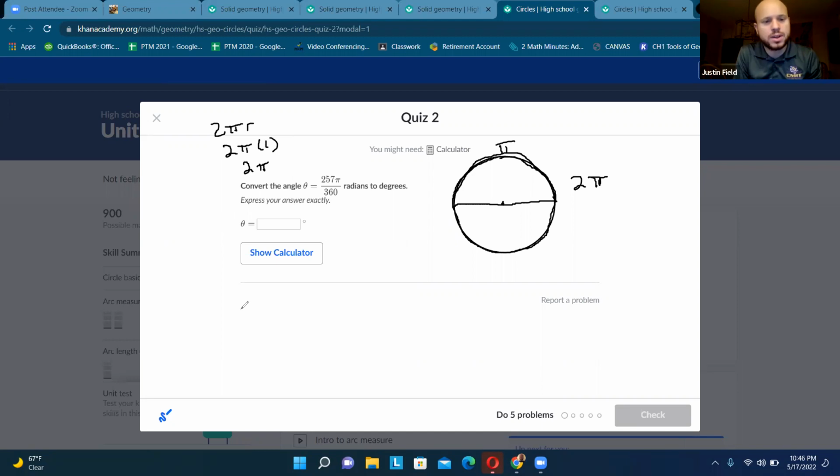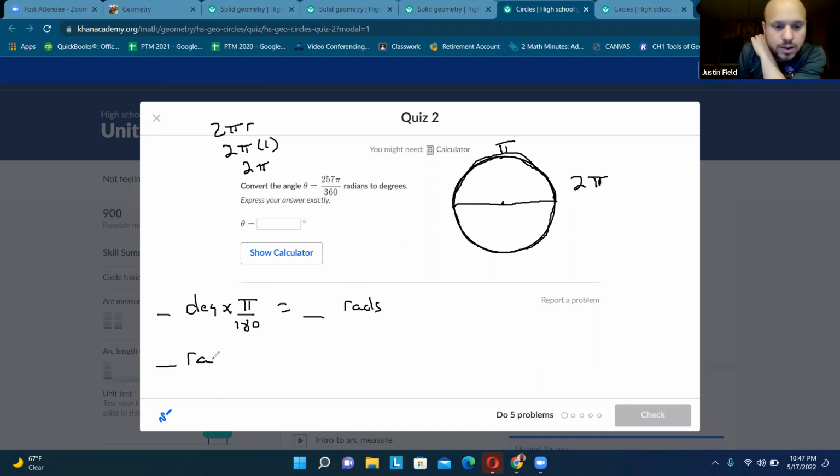If we have degrees and we want to go to radians, then we take our degree measure and multiply it by pi over 180, and that gives us our radians. If we are starting in radians and we want to go to degrees, then we multiply by 180 divided by pi, just the reciprocal.